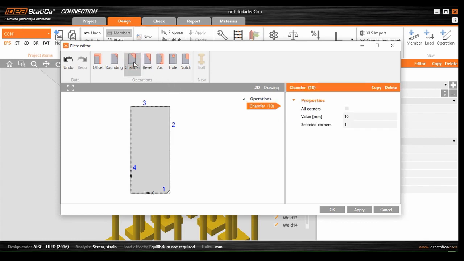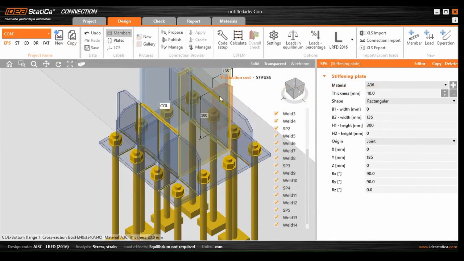Okay, now add your chamfer. Let's change the value to 20. Select the corner 4. Create a new chamfer. Select the corner 2, and the value of it is 50. Okay, then press OK.